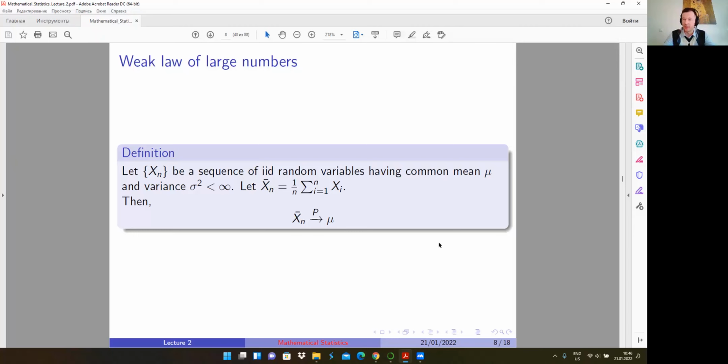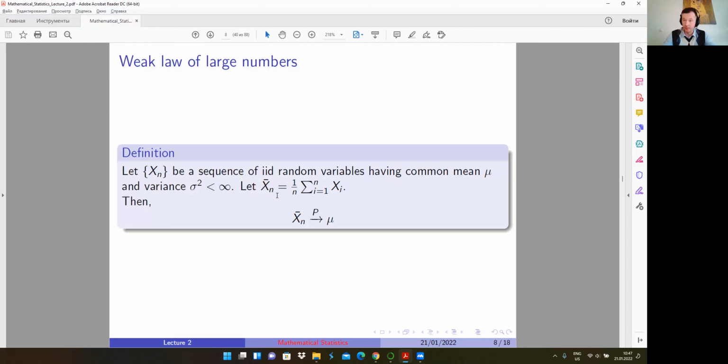So the law of large numbers says precisely the following. If you have a sequence of IID random variables, and IID is really important here, and all these IID random variables have the common mean mu and variance sigma squared, and this variance must be finite. This is another important concept.